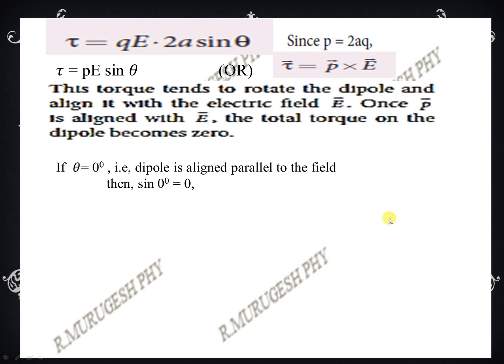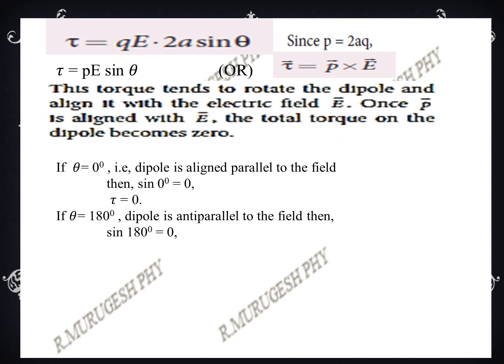Then sin 0 is 0, naturally the torque will become 0. The same if theta is 180 degree, the dipole is anti-parallel to the field, then again sin 180 is 0, naturally the torque is 0. Suppose if theta is 90 degree, then the dipole is perpendicular to the field.